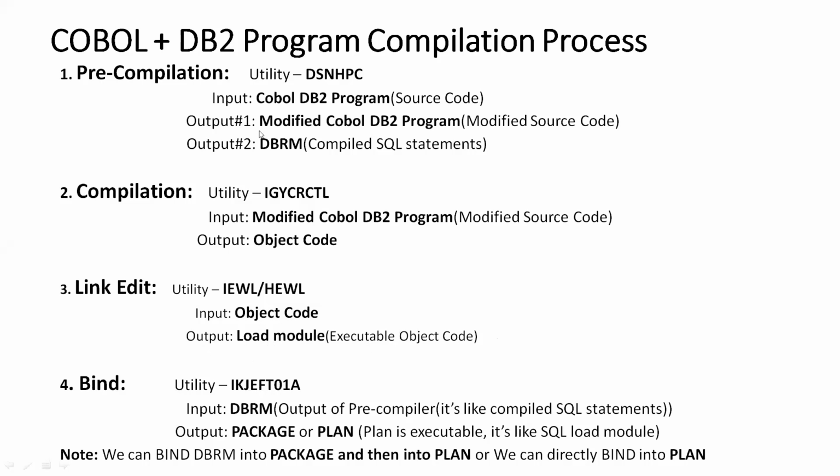It will take the pre-compilation second output, the compiled SQL statements, DBRM, as input, and it will generate the plan or package. Okay, I will explain what is plan and package. So finally we get the plan.